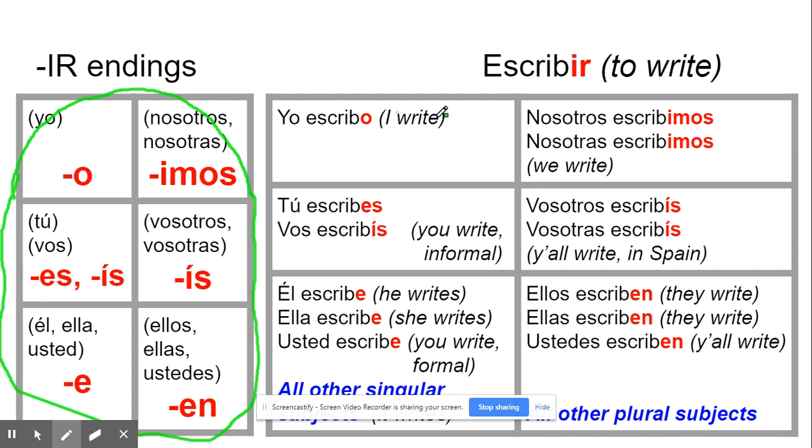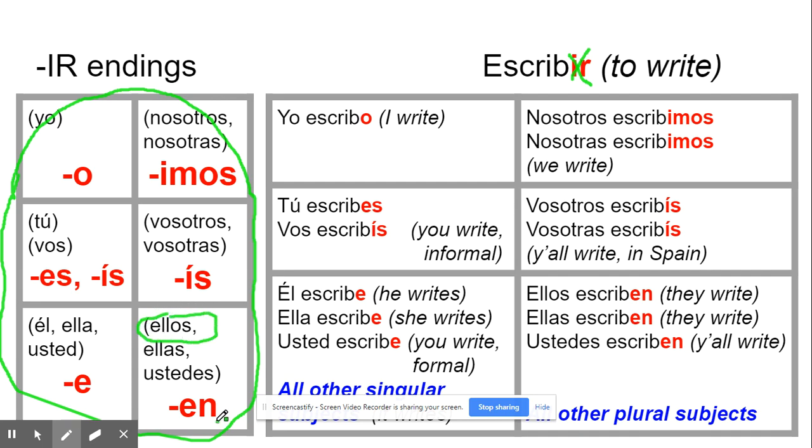So if I use a verb like escribir, which is an IR verb, remember the first thing I'm going to do is always take off that IR, and then add the correct ending. So let's do an example with the ellos, ellas, and ustedes form. If I want to say they write poetry, then I know that ellos means they.